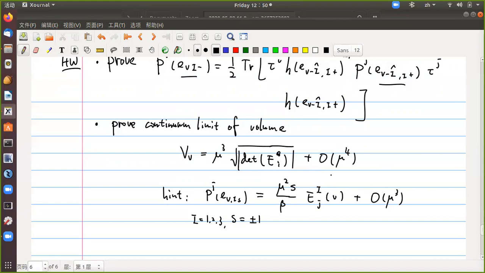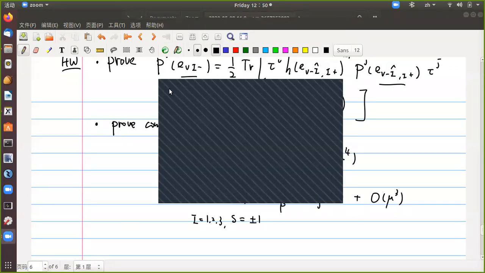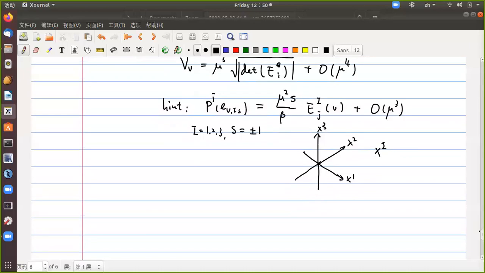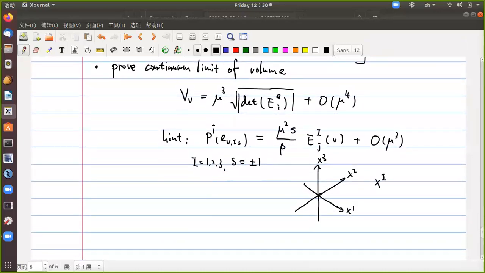So the flux, well, the first leading order is mu square, and higher order is mu cube. And here this I means that you consider this is your lattice. So this is x1, x2, x3. So this means xi. So this I is just the coordinate index adapted to the lattice. Okay. So this is your homework to check it out.